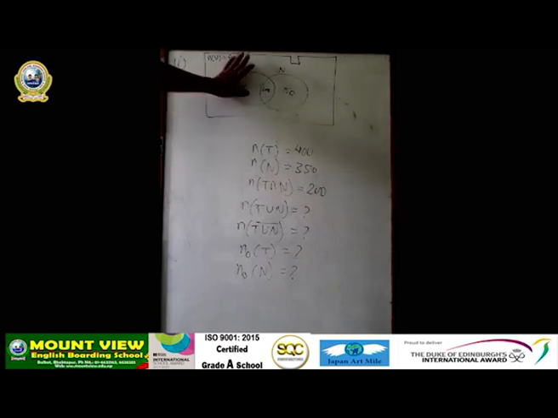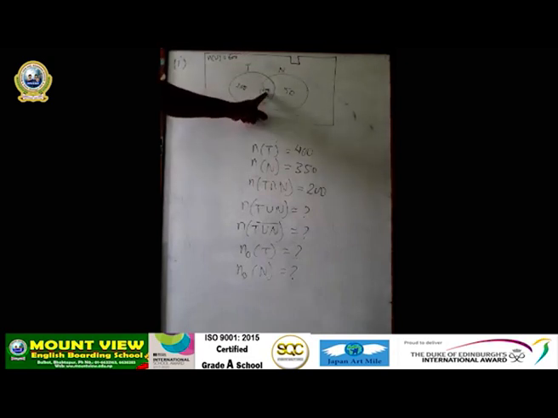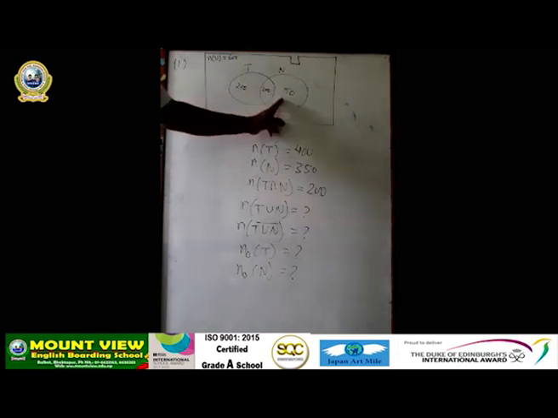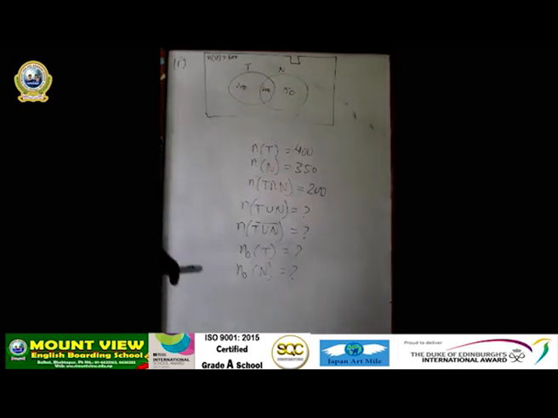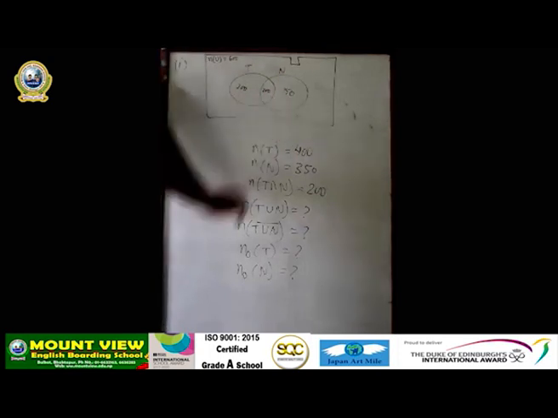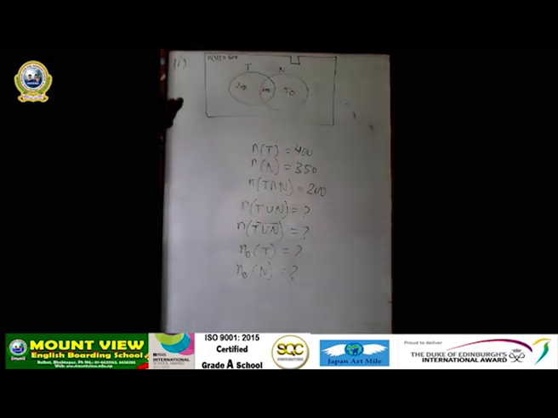This 200 only Tamang. But this 200 can speak both Tamang as well as Nepali. Now, what is the total sum? Add this plus this plus this, it means 550.